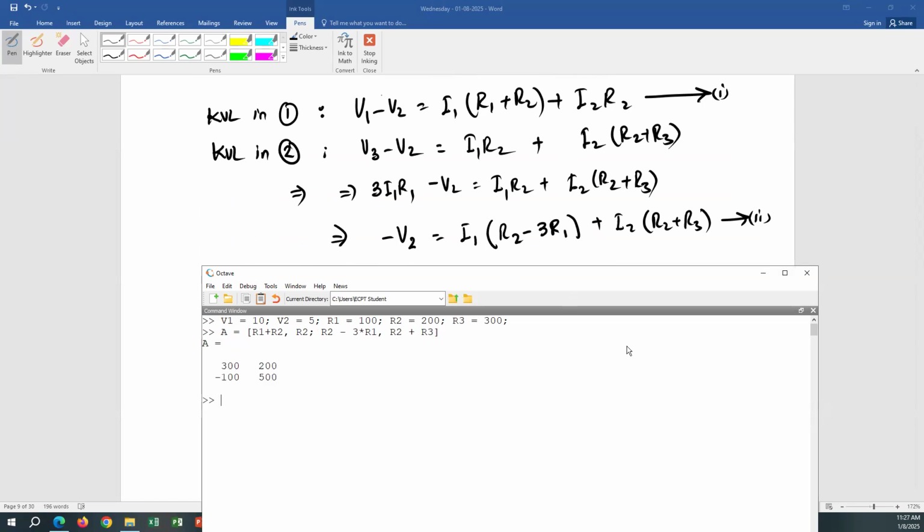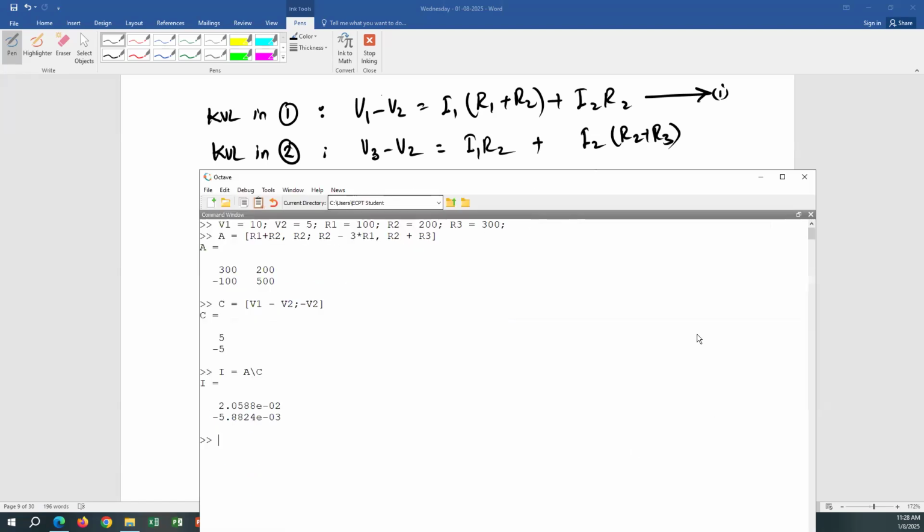That's my coefficient matrix. My constant vector is, from the first one, V1 minus V2, 5, and from the second, negative V2, negative 5. So my current vector I is going to be A backslash C.